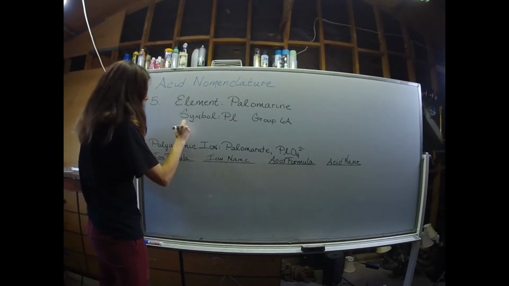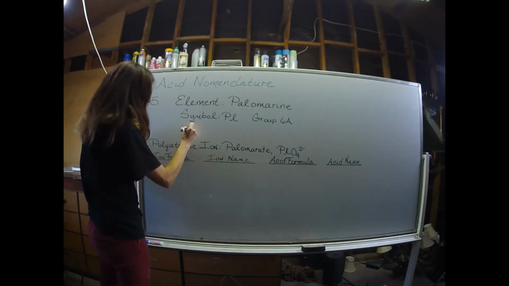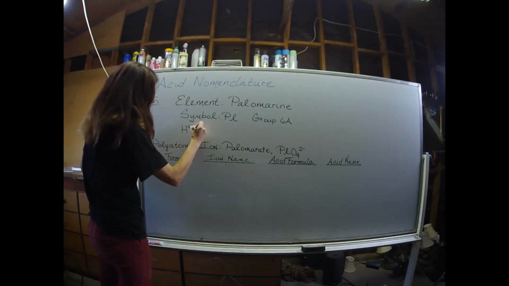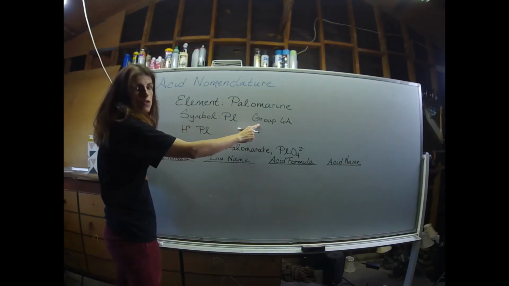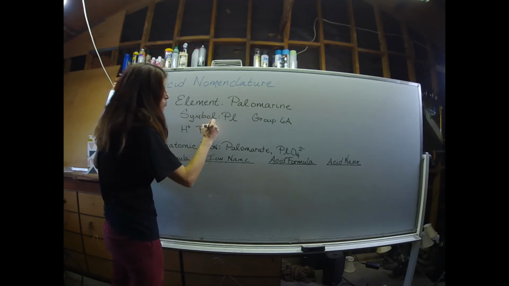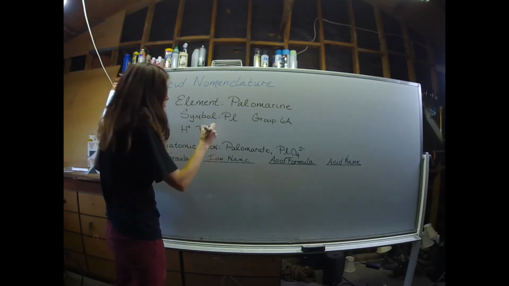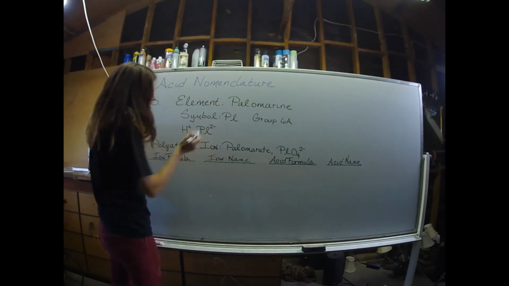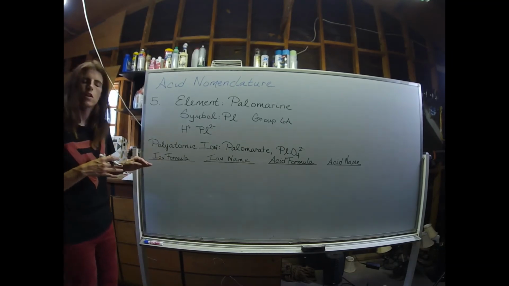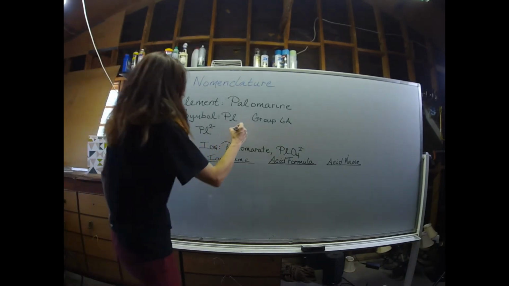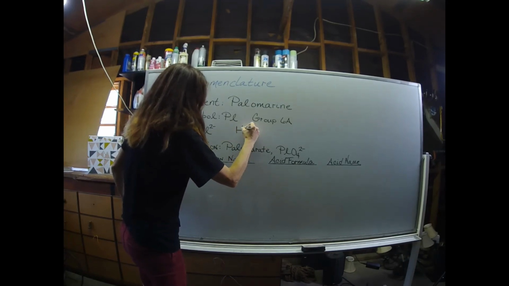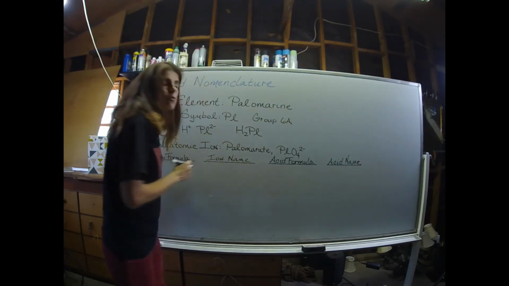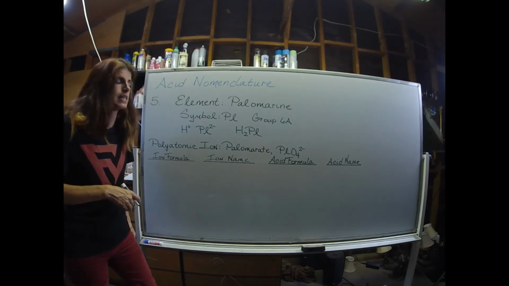So we're going to crisscross H plus and PL, and I'm going to give the PL a -2 charge because we were told that it behaves like a group 6A element. So when I crisscross those two things, I get H2PL. And that would be the formula for a binary acid.